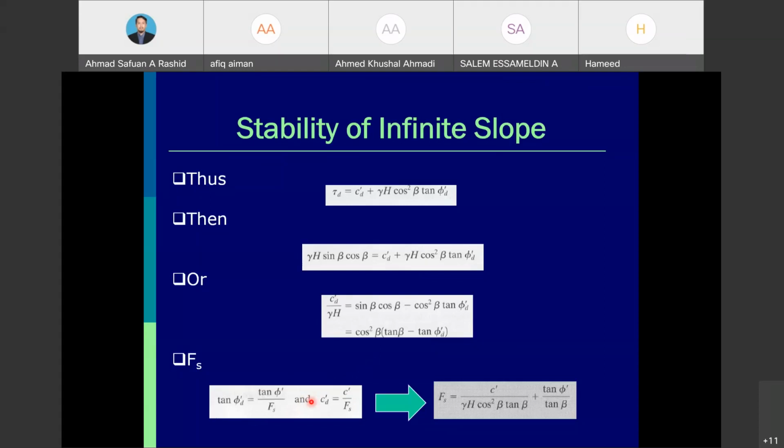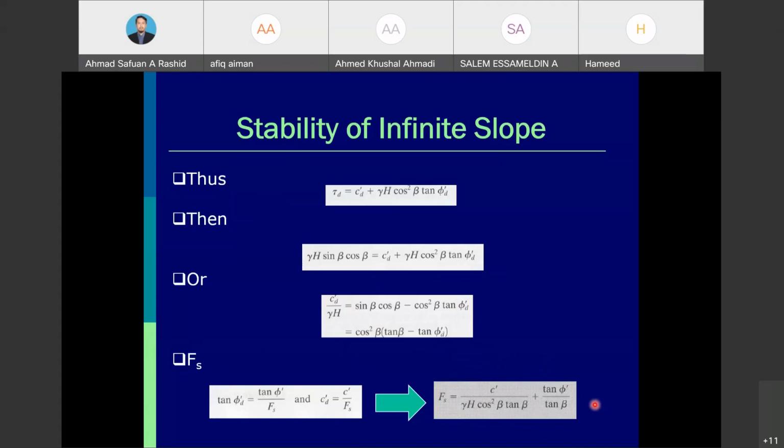Later on, we may include these formulas inside this approach and come out with this kind of equation.